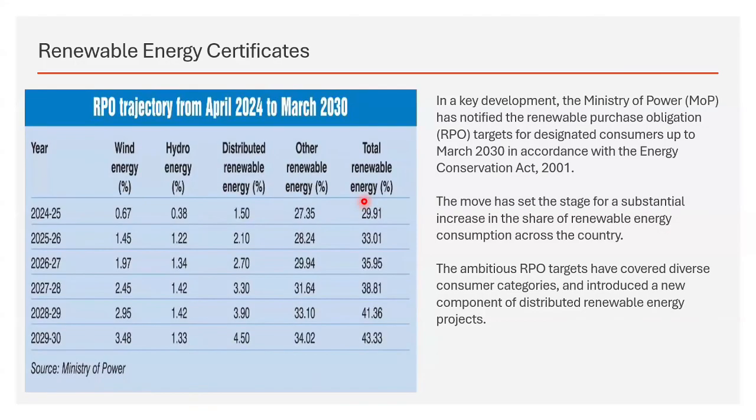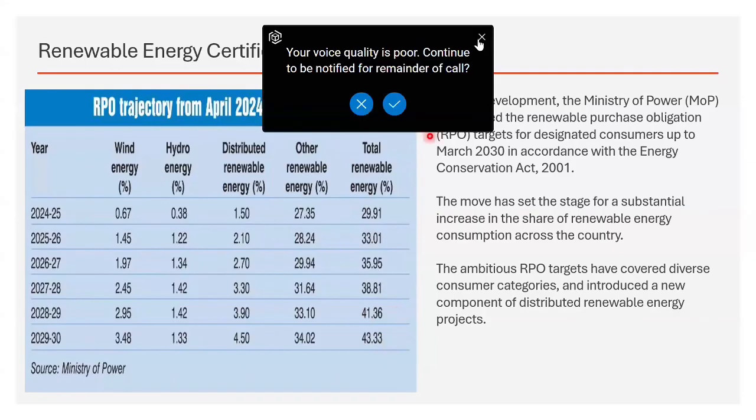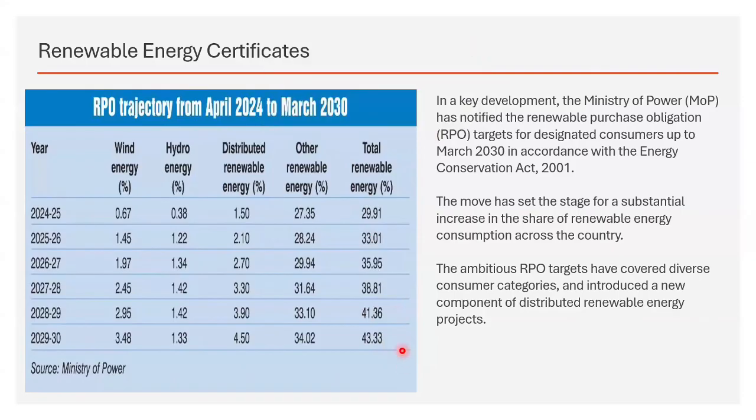This is again, you see, increasing year by year. By the end of financial year 30, FY30, 43.33% of self-consumption has to be from renewable sources. So how will this come? This in turn brings in a robust mechanism that is fulfilled through the RPO obligation. That is, an organization which is energy intensive either has to produce or has to consume from the producers.